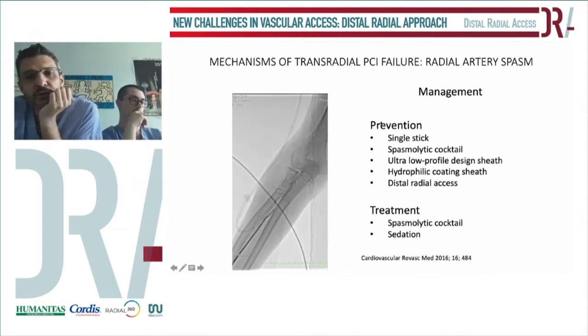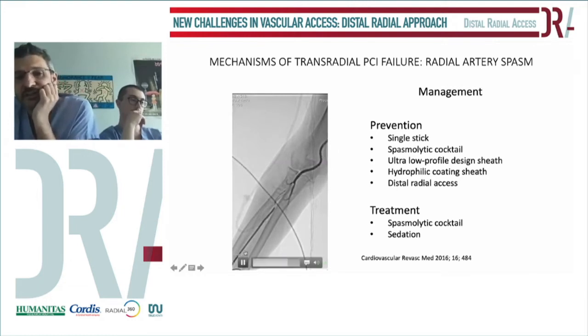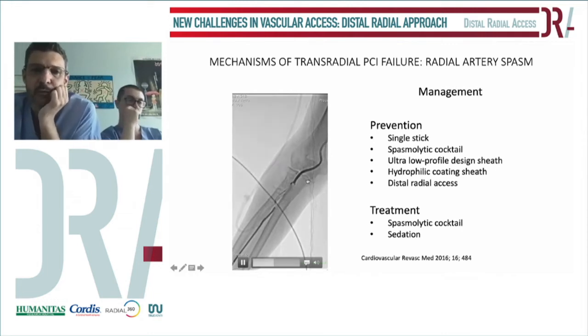Another opportunity to prevent radial spasm is to use the distal radial access, because the puncture is distal in this case, and if you advance the wire very gently, you don't have any problem with radial spasm.